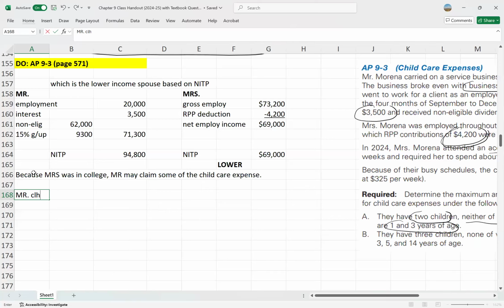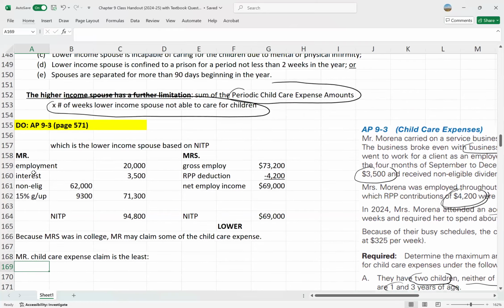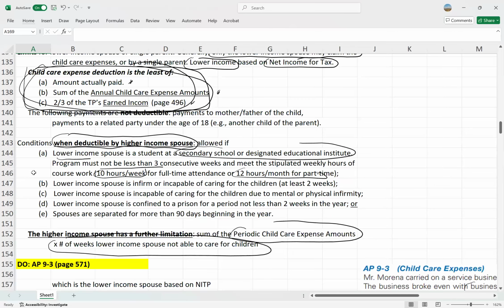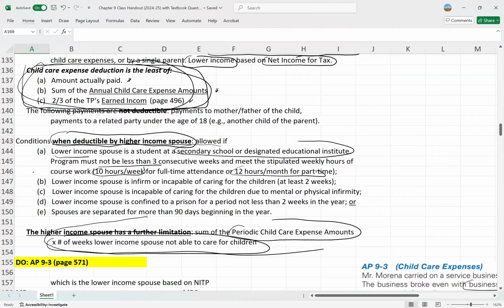So his child care expense claim is the least of 4 amounts. So remember we said that it's the least of 3 amounts, right? These 3 amounts here. But when the higher income spouse is making a claim, they have a 4th limitation, which is this one here.